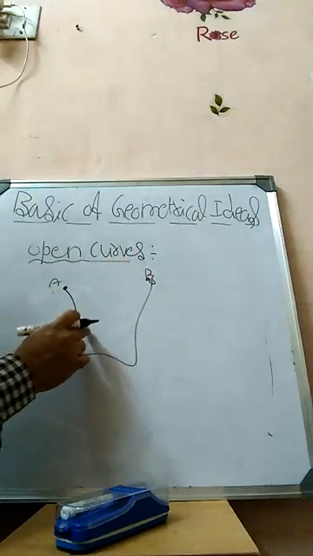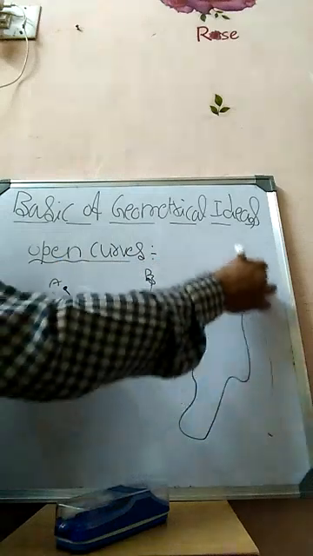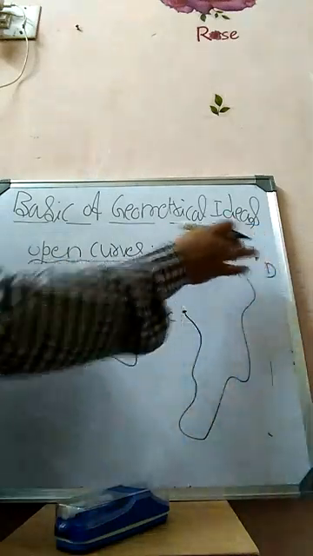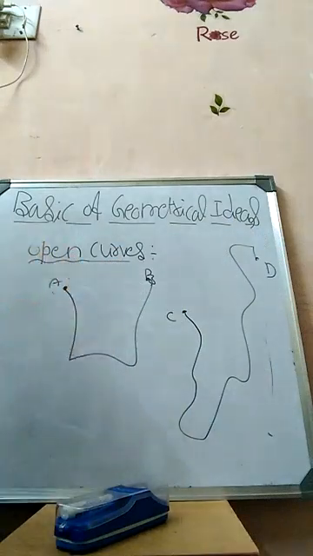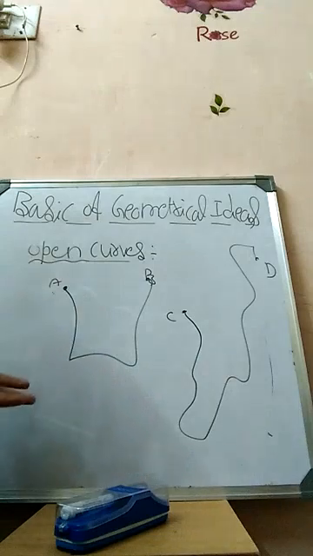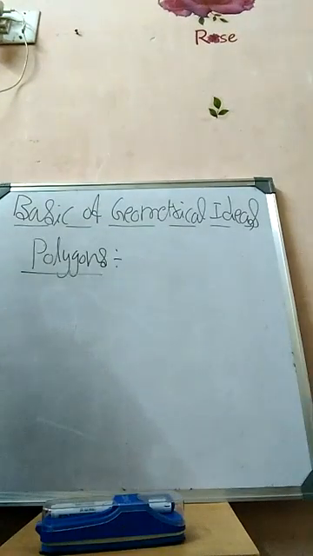So such types of curves are called open curves. See here D, starting point, end point. So these curves are not closed. If starting and end points are both the same, then only those curves are closed. Otherwise, open curves. And the next one is polygons.